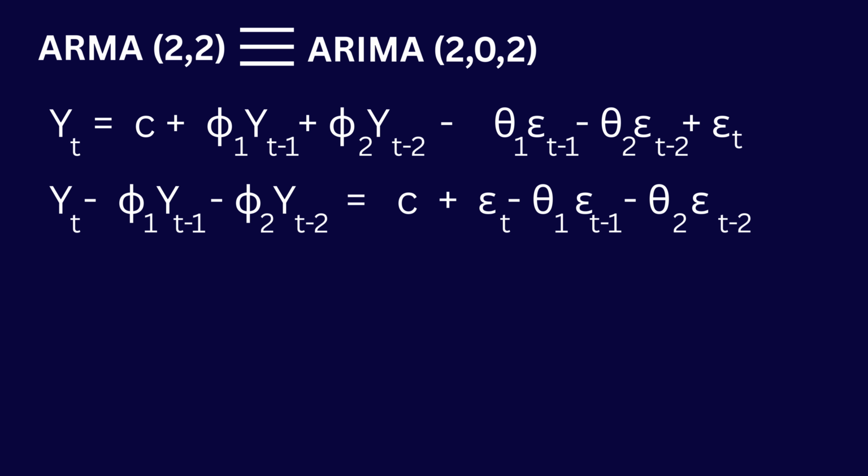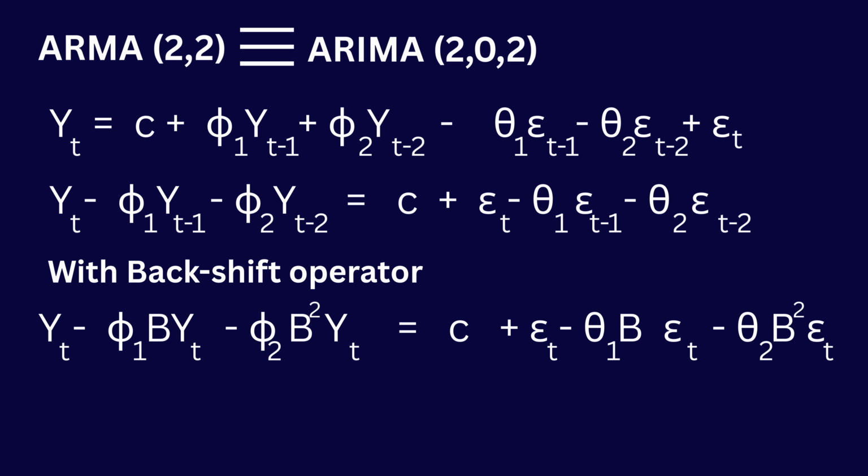Again, substituting the backshift operator values, we can write it as yt minus phi 1 B yt minus phi 2 times B squared times yt equals C plus epsilon t minus theta 1 times B times epsilon t minus theta 2 times B squared times epsilon t.